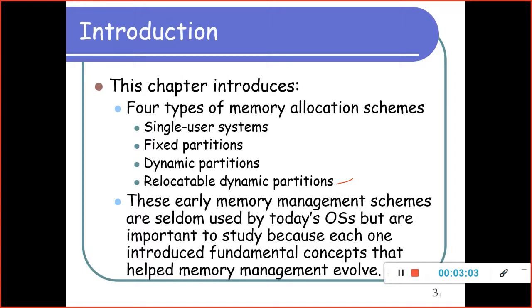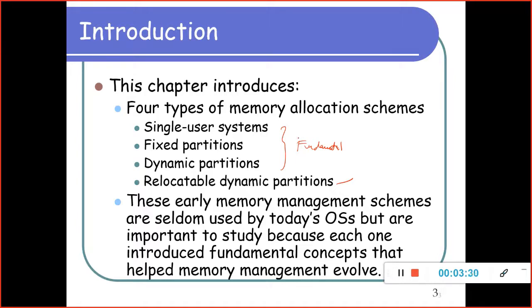These early memory management schemes are seldom used by today's OS, but are important to study because each one introduces fundamental concepts that help memory management evolve. Now there are more advanced, parallel ones, but all this is fundamental. You cannot understand the advanced before you understand the fundamentals.